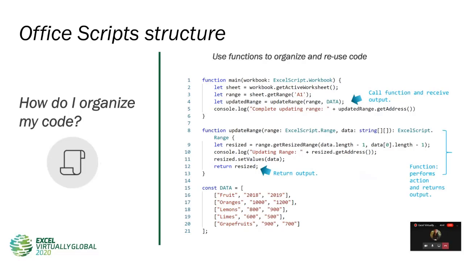So this is one way you can organize a script so that you can easily break it down. All right, so hope that's helpful in understanding how to take a script that is one big file and use the power of functions to organize your code.